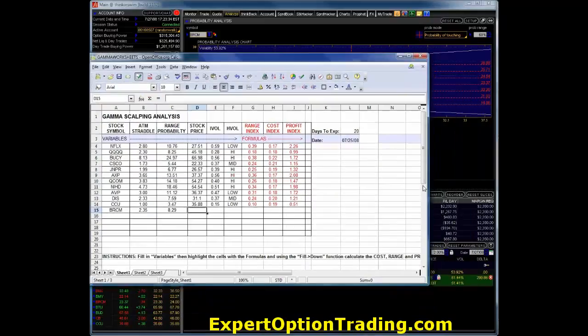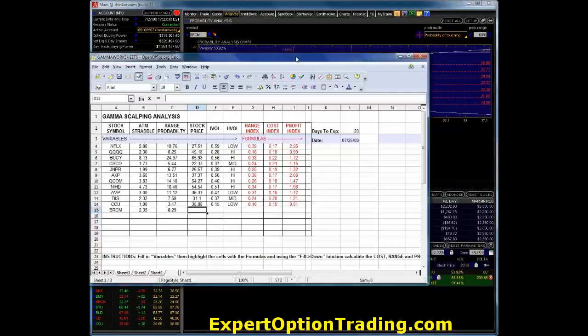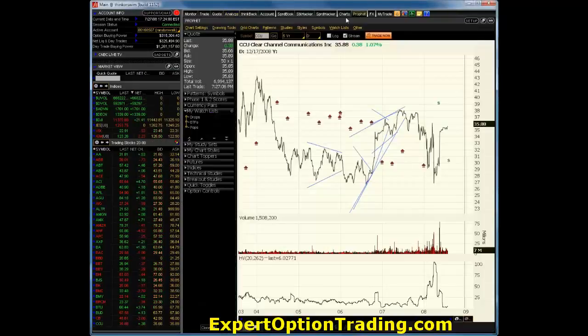And the current stock price is 23.37. And our volatility is 53.92%, which we need to translate into a decimal. So it's 0.5392.